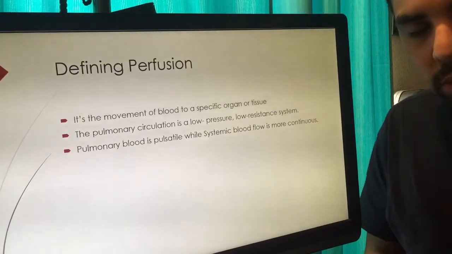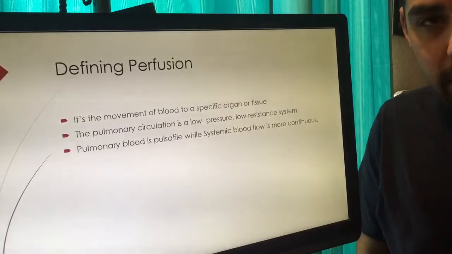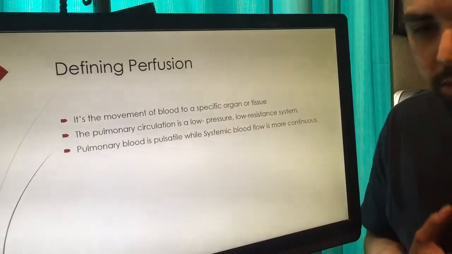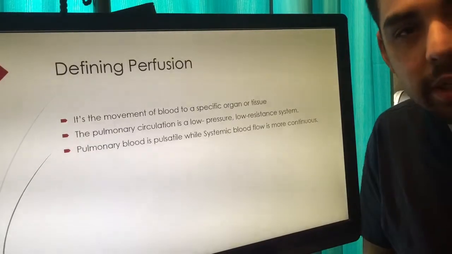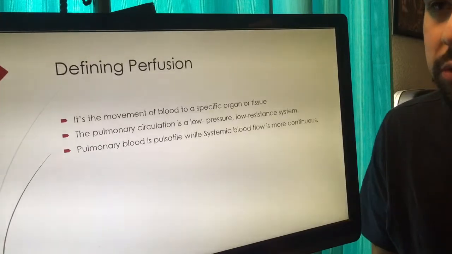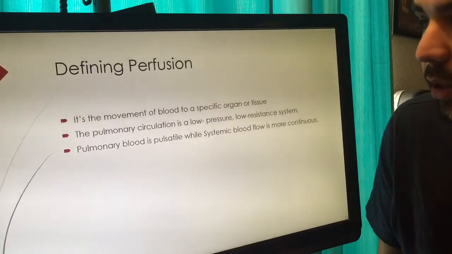So it enters the left atrium, goes into the left ventricle, and then out to our legs, our extremities and our head, giving us oxygen-rich blood throughout our whole body.